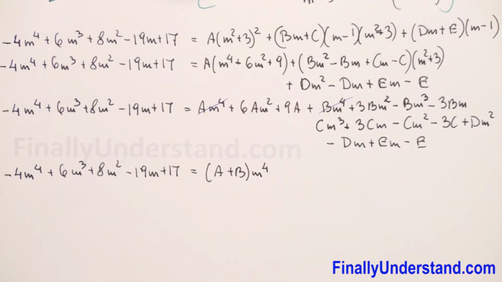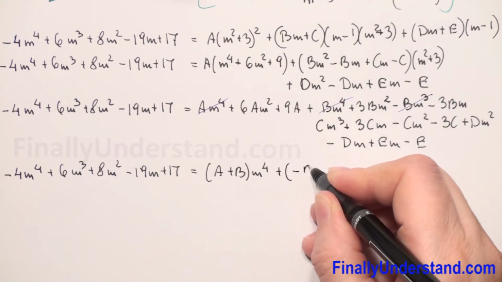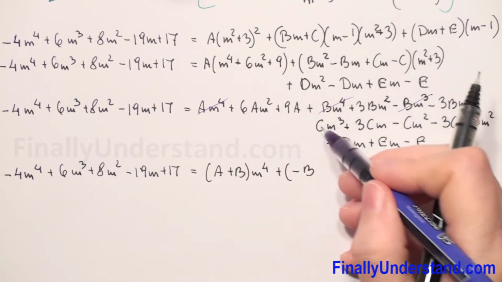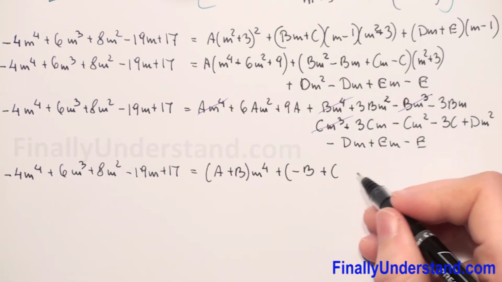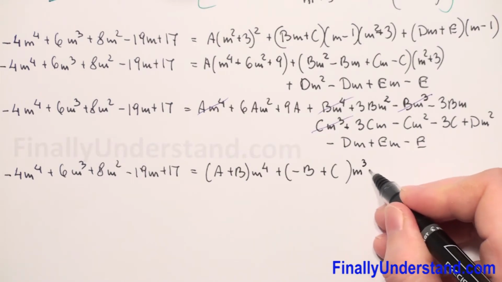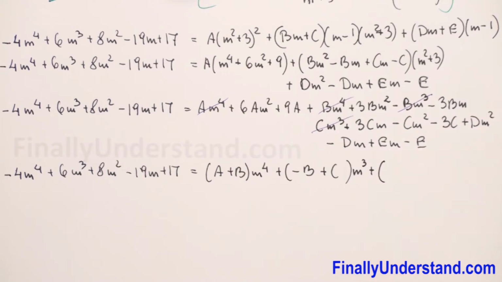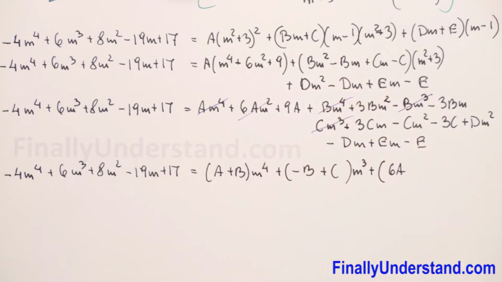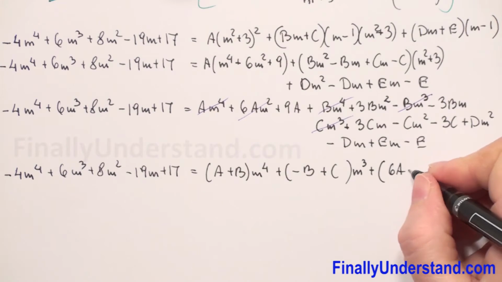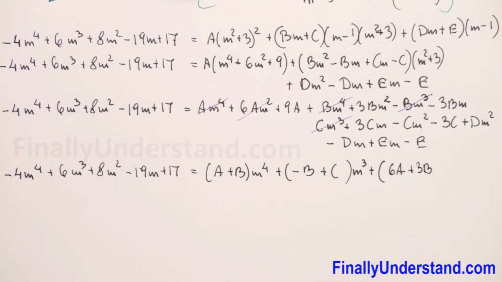Next with n cubed, we have negative b and we have plus c times n cubed. Now n squared: we have 6a and we have plus 3b and we have negative c and positive d, times n squared.